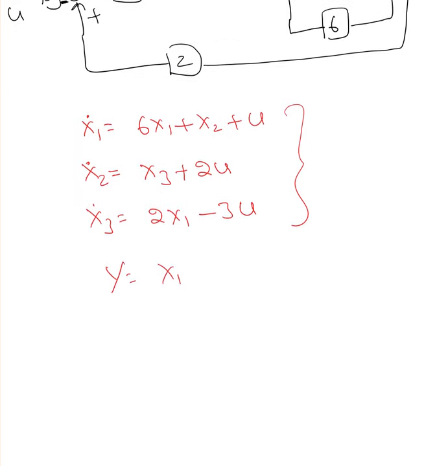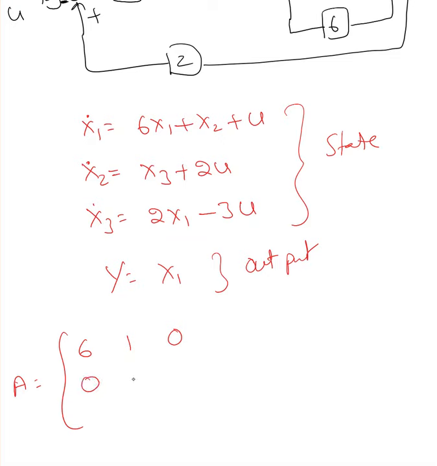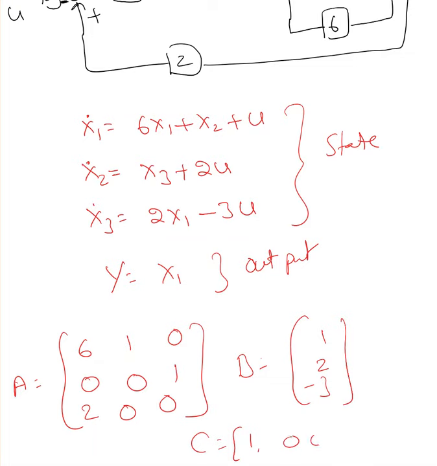So these are the state equations, and this is the output equation. Based on this I can write down the A matrix. A equal to [6 1 0; 0 0 1; 2 0 0], and B equal to [1; 2; -3], and C equal to [1 0 0], D equal to 0.